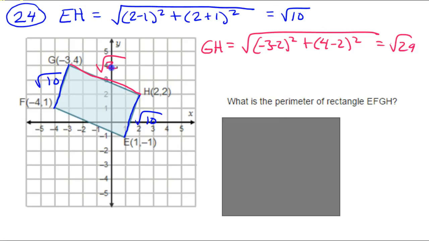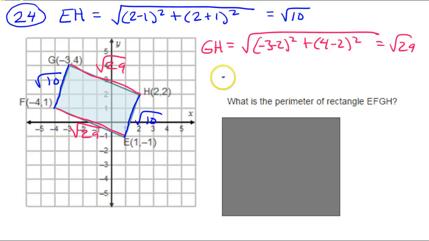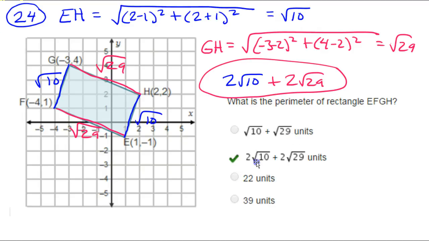Okay, that means this is the square root of 29, and this is the square root of 29. So the perimeter then, if I start adding these things up, radical 10 plus radical 10, that's 2 radical 10. And then radical 29 plus radical 29, that's 2 radical 29. So some version of this should be the answer. Okay, so let's reveal and see what we had. 2 radical 10 plus 2 radical 29. It's as simple as that.